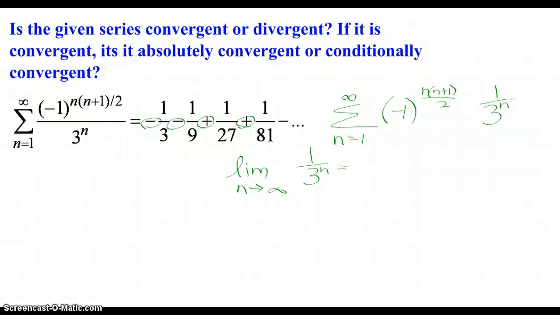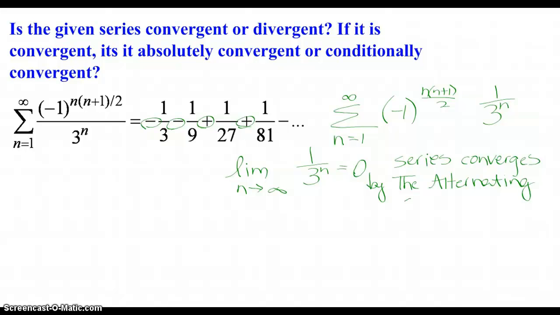As n gets large, the denominator gets huge. 1 over huge is tiny. This series converges by the alternating series test. See how important it is to identify what test you're running.